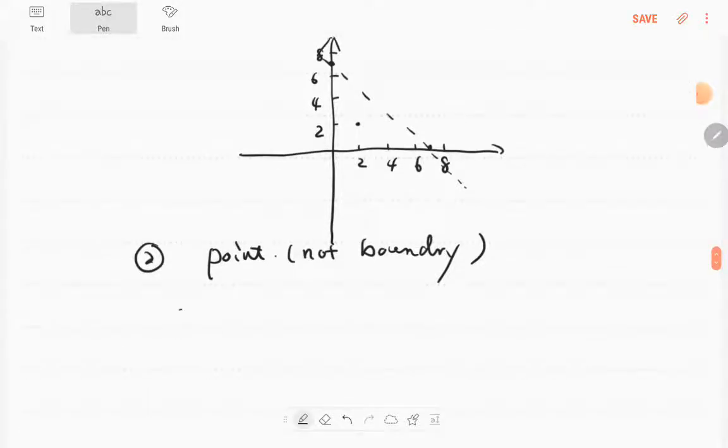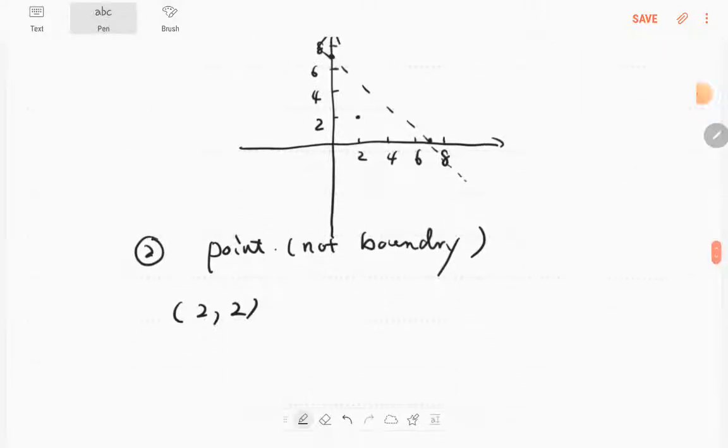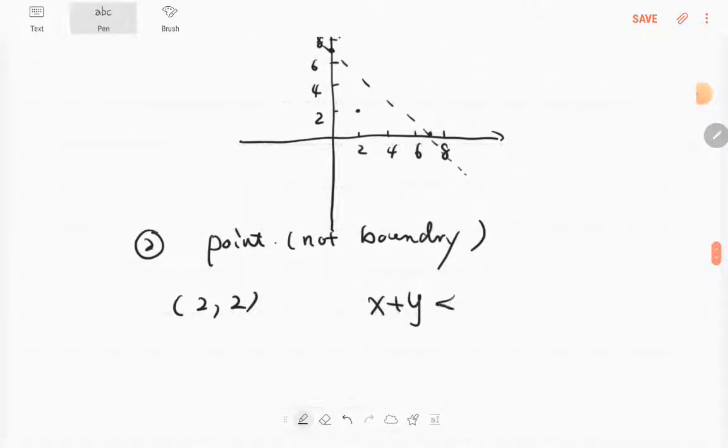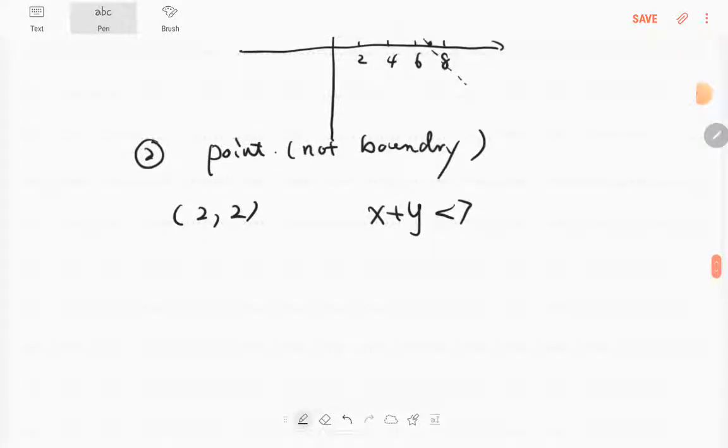Let's set this one, 2, 2. Then we go back to the original one to test if it's the solution. We use 2 to replace x and also 2 to replace y.